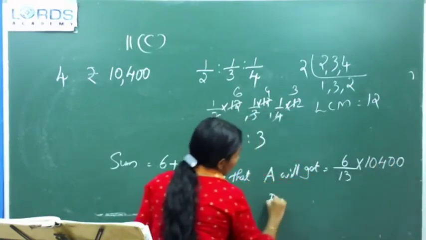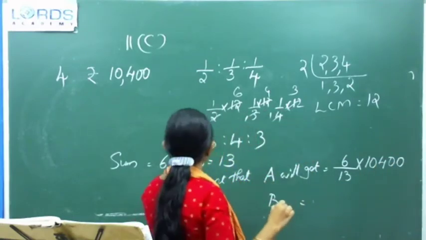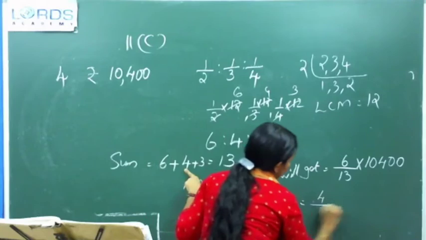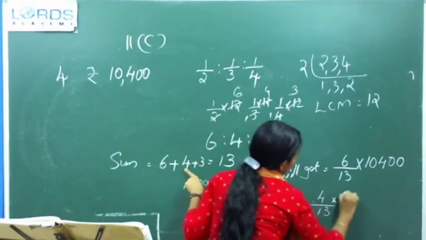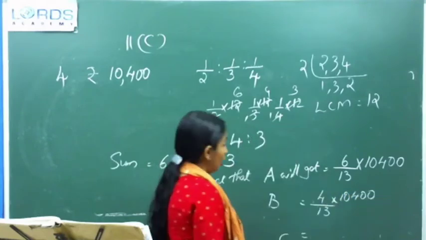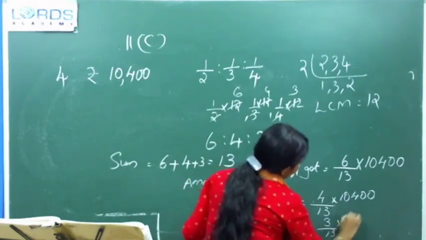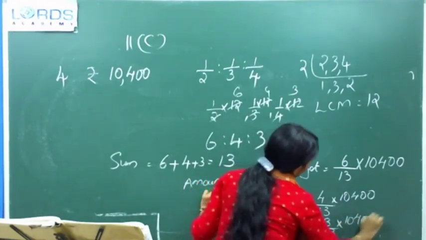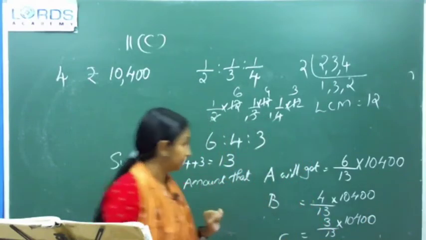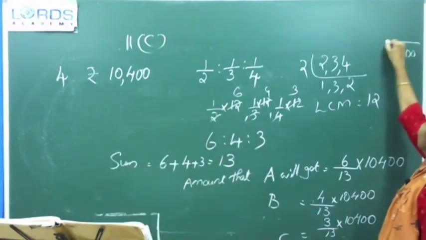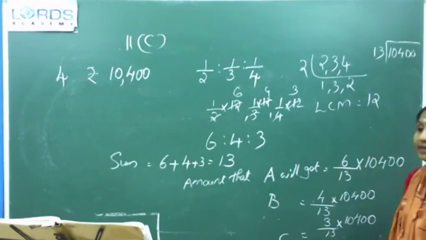What about B? B will get 4 by 13 into 10,400. And C will get 3 by 13 into 10,400. 13 how many times will it go?